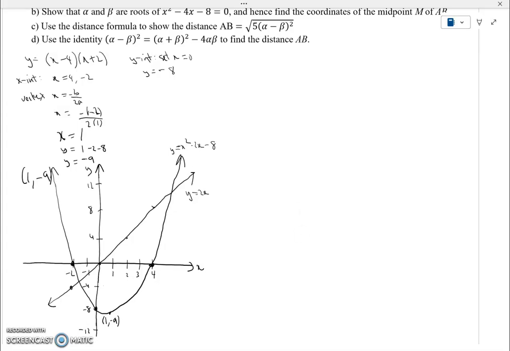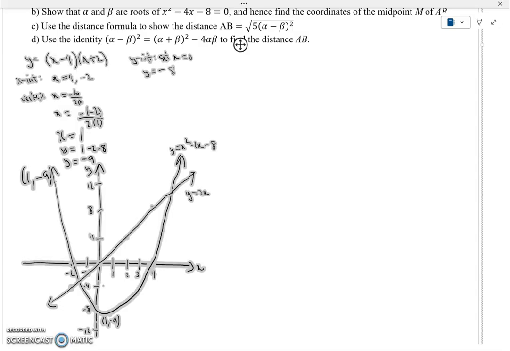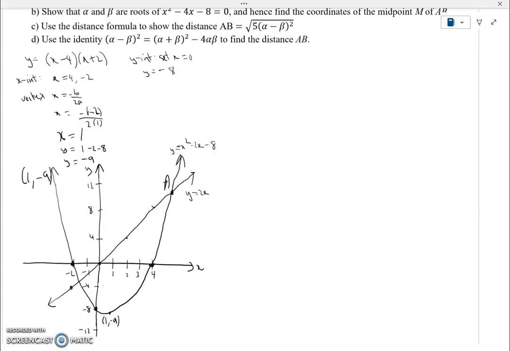Okay, so we can see that the line meets the parabola at 2 particular points. One is going to be point A and one's going to be point B. For no general reason, I'm going to let this one be A and this one be B. The x value here will be beta, and the x value here will represent alpha.